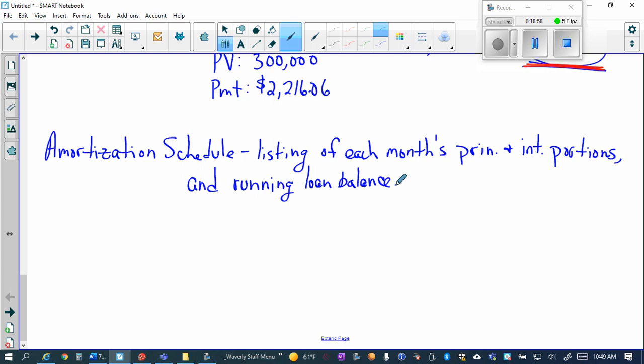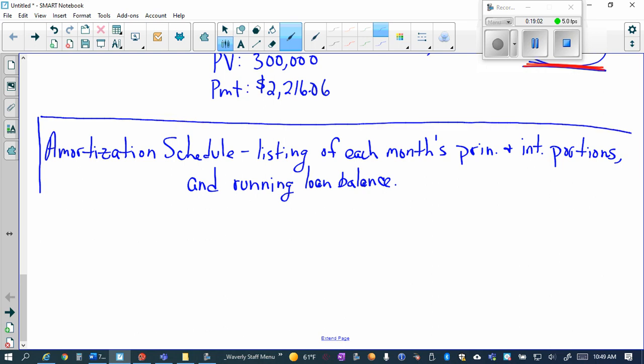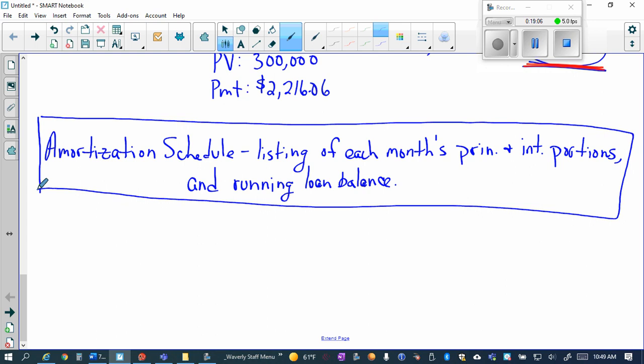By a running balance, it means it accounts for the changes in the balance as we go along. So it changes all the time.